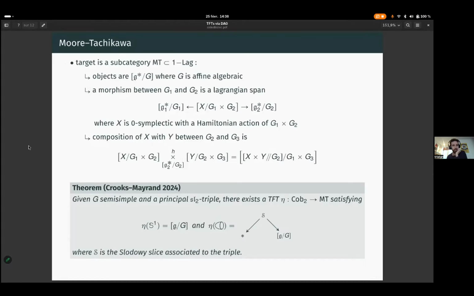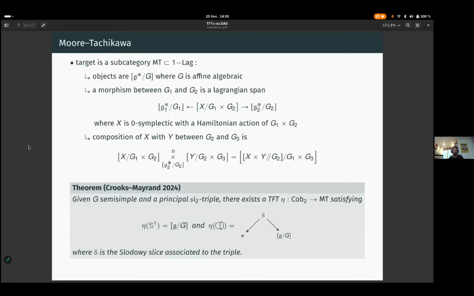It's because the Moore-Tachikawa conjecture was about defining some TFT from two-cobordisms to some subcategory that I want to see as a subcategory of my category of one-shifted Lagrangian correspondences.